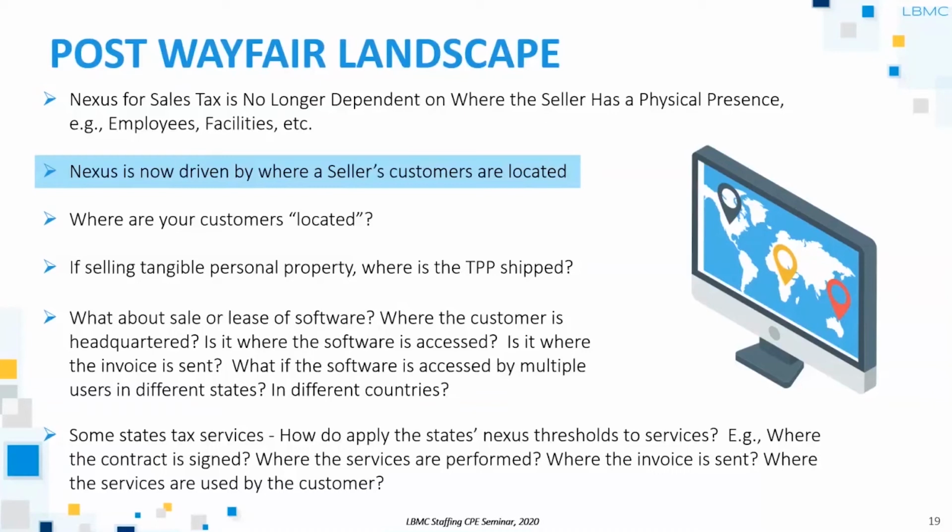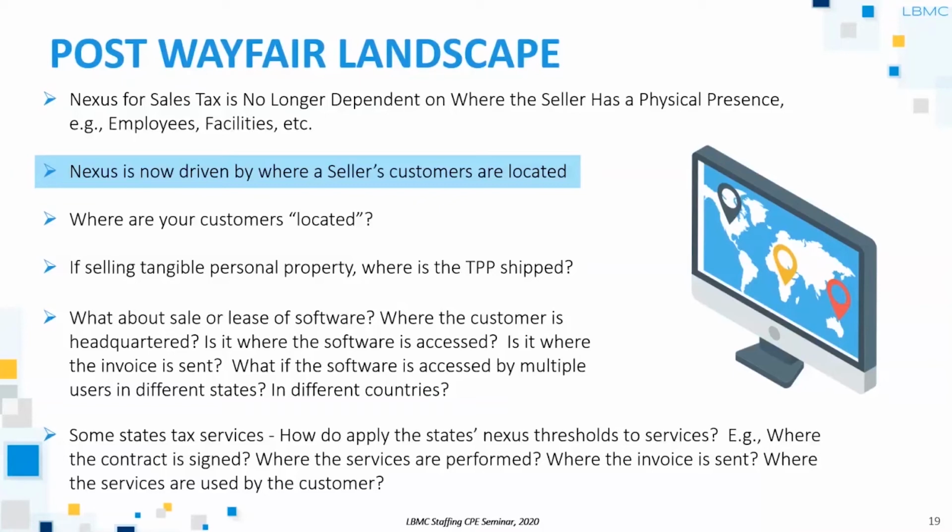The other one that can get really screwy is services. Services are generally not taxed, but some states do tax services more broadly than others. Hawaii, New Mexico, North Dakota, and Texas will tax some services. And that can get really weird. For example, if a state's going to tax architectural services, you've got a customer in Texas building a building in New York.